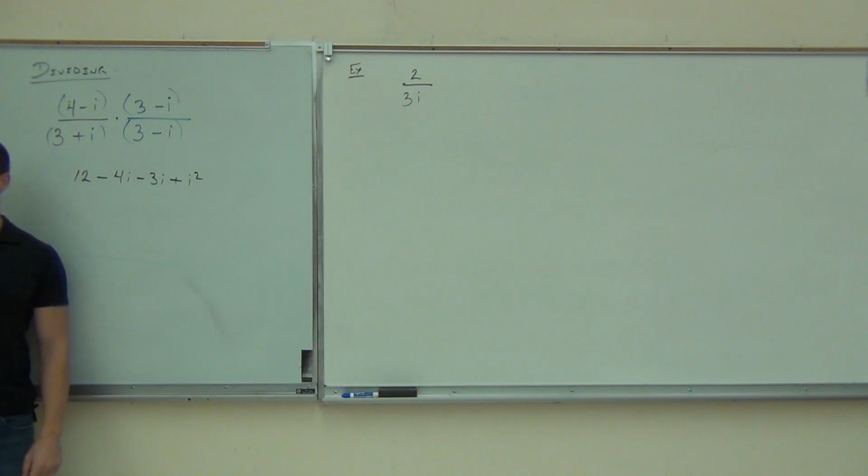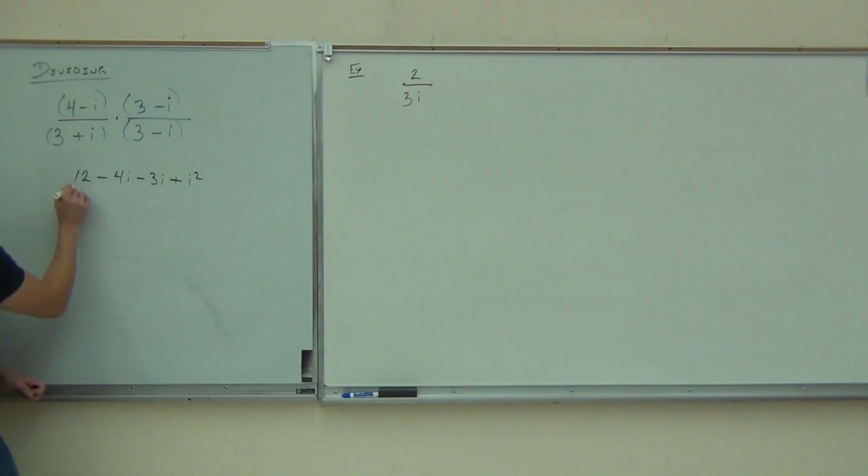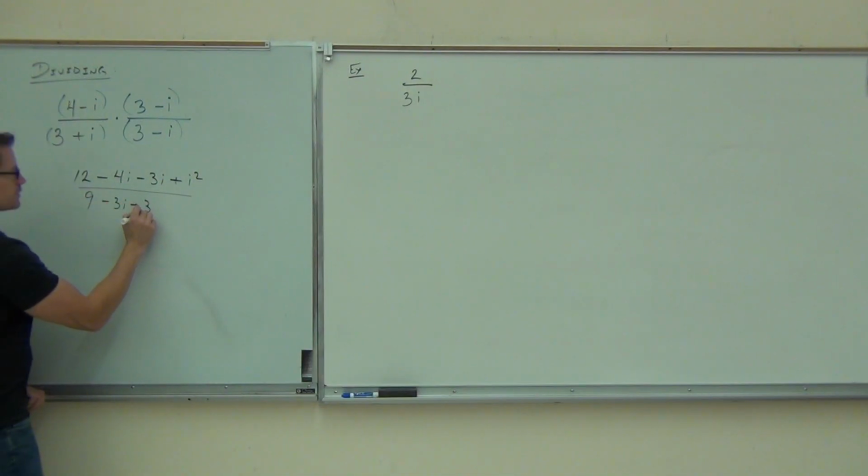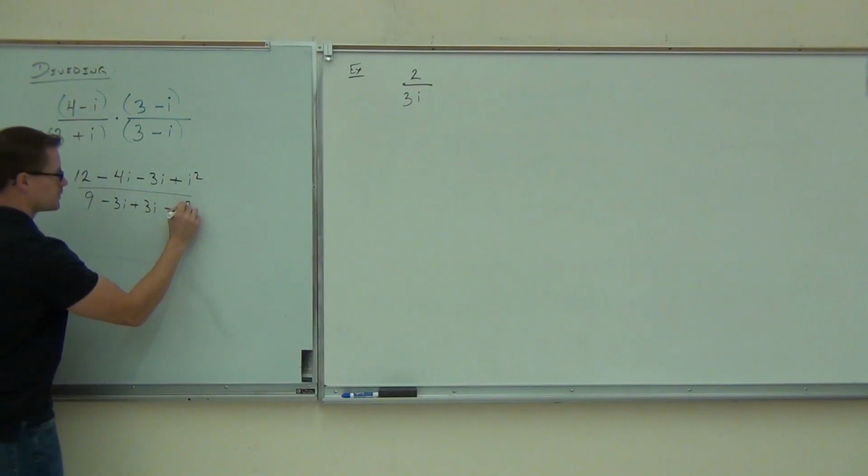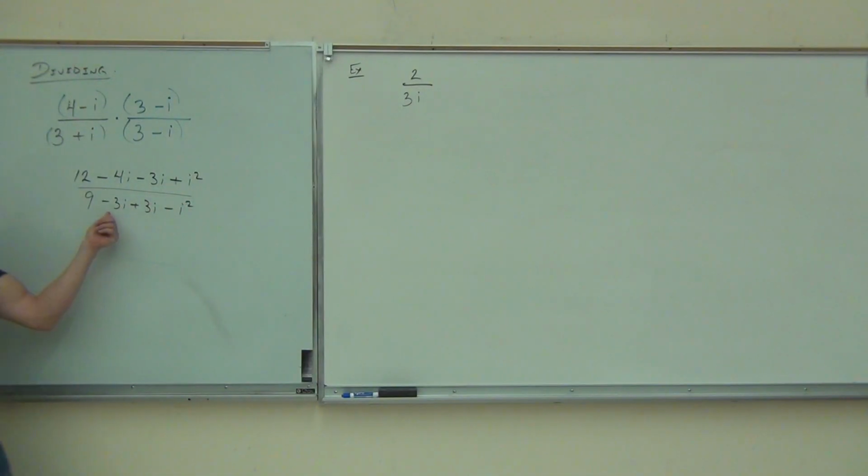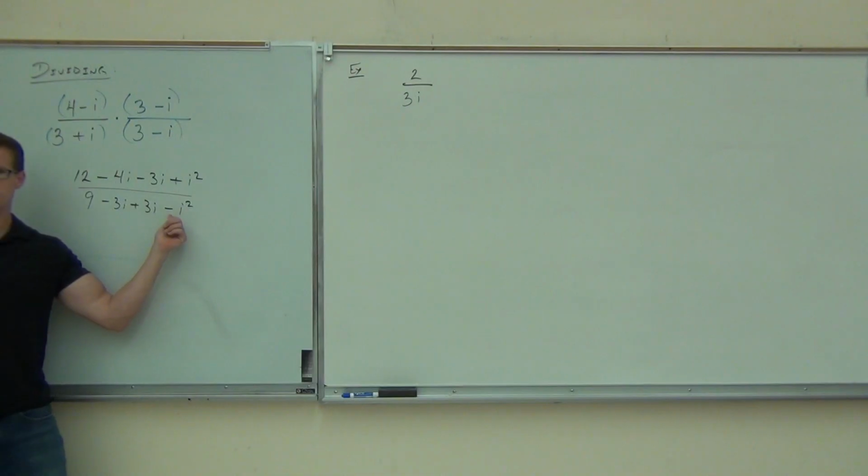Yep. 12 minus 4I minus 3I plus I squared? You get the I squared? You get the 9 minus 3I plus 3I minus I squared?